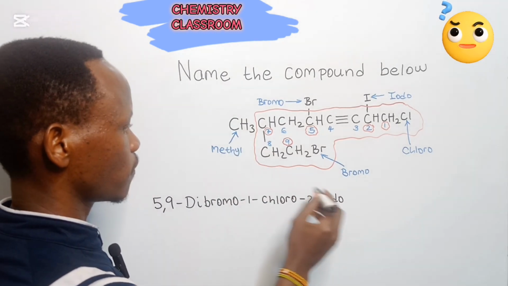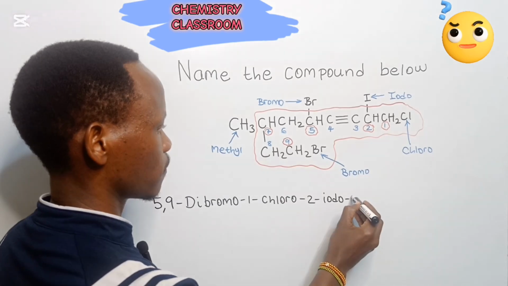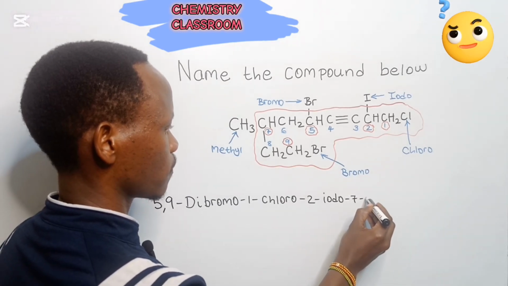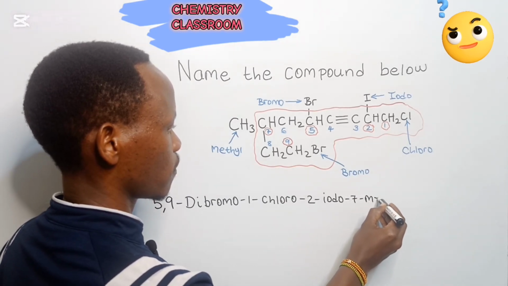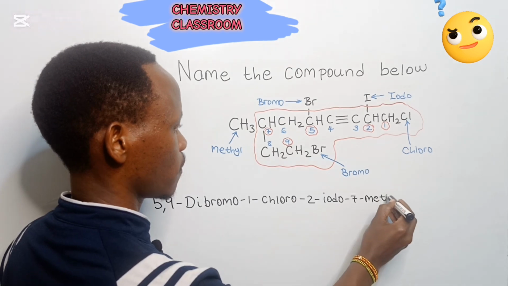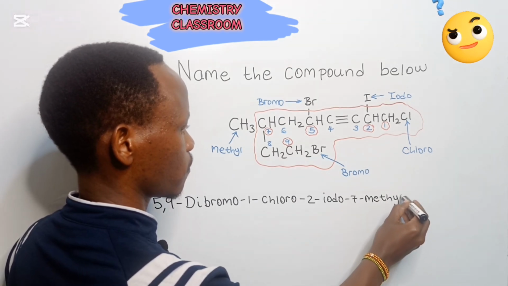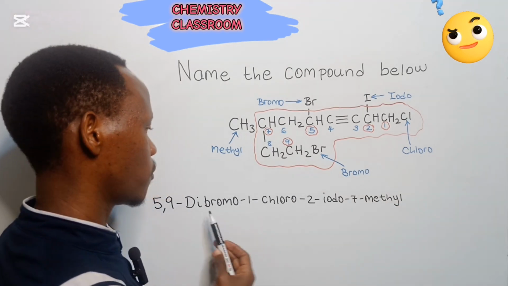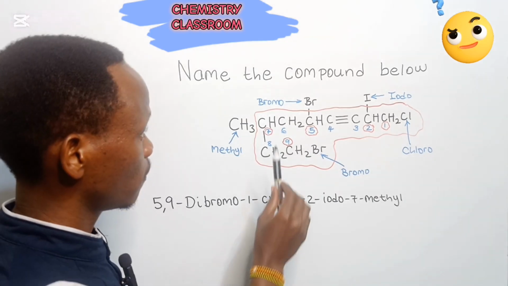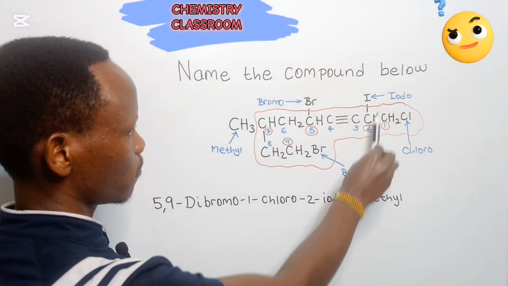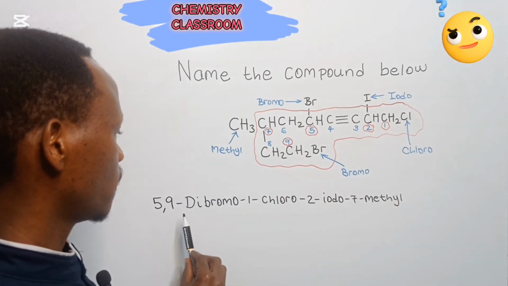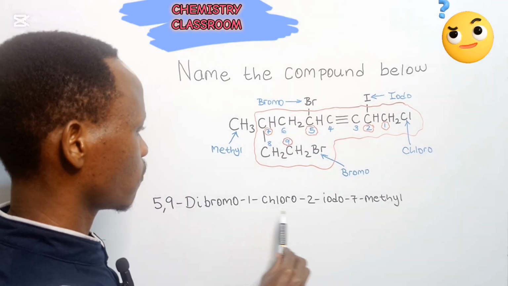On position 7, we do have a methyl group. At this point, we have been able to write down all the substituents in alphabetical order.